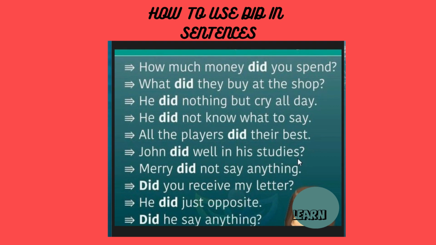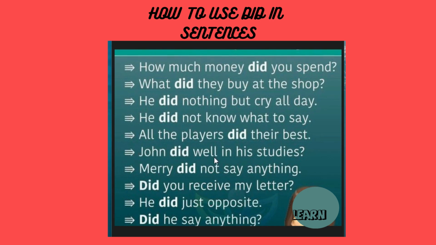He might get a good score if he did well in his studies. Usually when we study well and write very well during exams, after that we get a good score. That is how we use it in that situation.